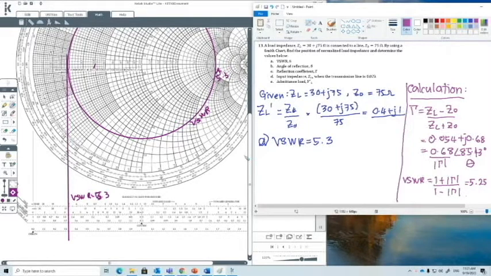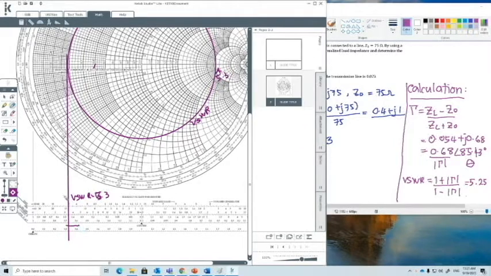Okay, next, bila kita dah dapat from Smith chart tadi, kita dah plot VSWR kita 5.3. So, next kita nak buat yang C dulu, which is reflection coefficient. Okay, from the parameter line dekat bawah ni, you tengok dekat sini ada reflection coefficient. So, kita akan baca line yang dekat sini.